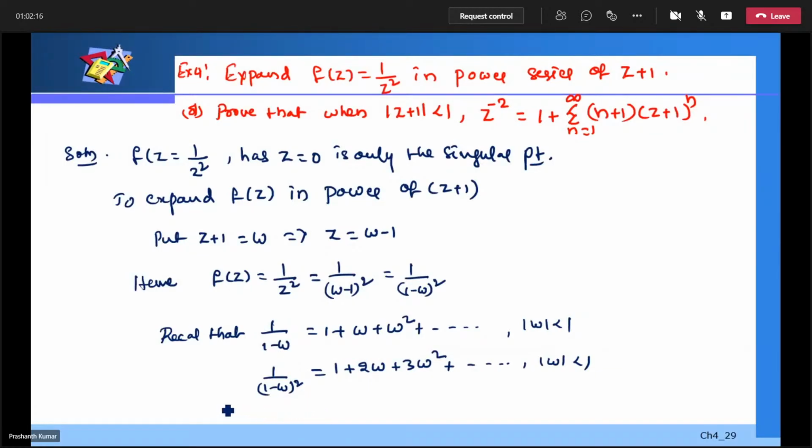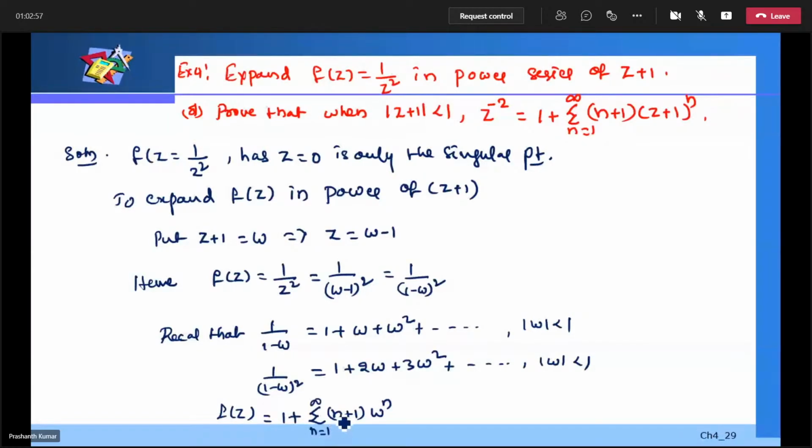So our f of z becomes 1 plus sigma, 1 minus w whole square to the power of minus 2, and this expansion we will get. I will write this expansion as n plus 1 into w to the power of n, n runs from 1 to infinity.